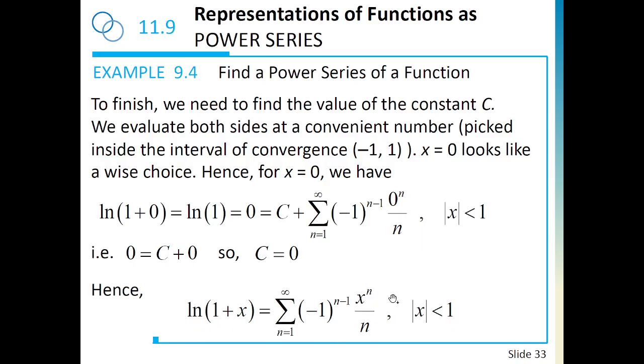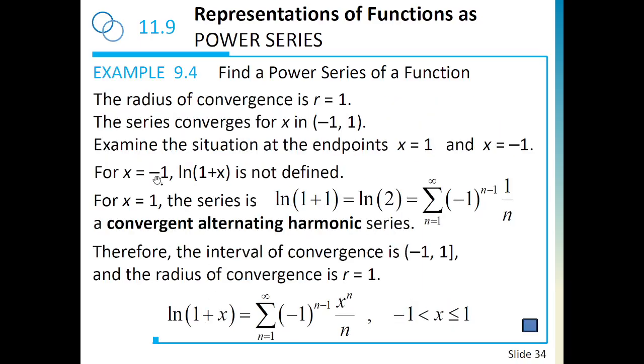And this part here needs to be convergent. So both of these conditions. At x equal negative 1, ln 0 is not defined. So that cannot be equality because one of the sides is not defined. So at x equal negative 1, the expression is not defined. So definitely x equal negative 1 is not in the interval where these two expressions are equal.